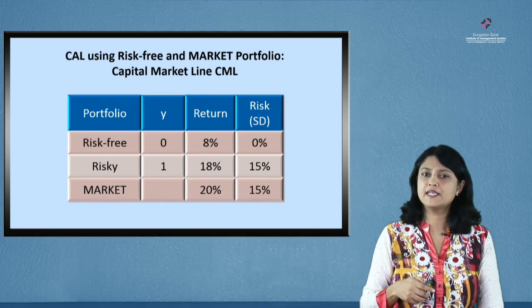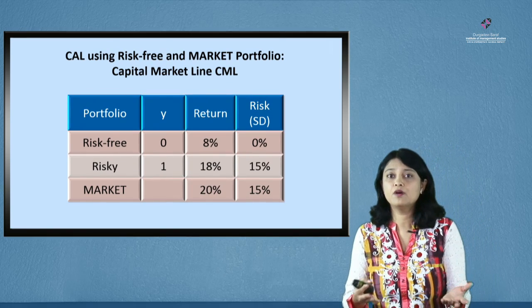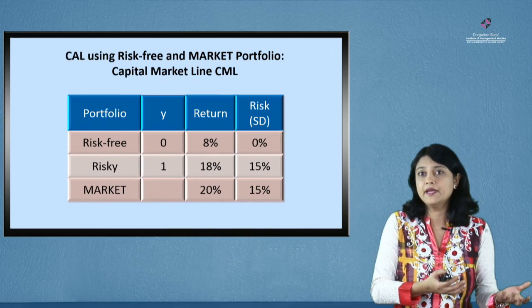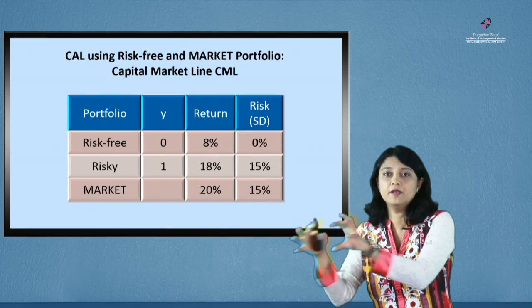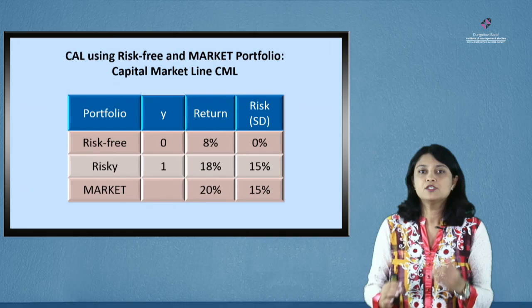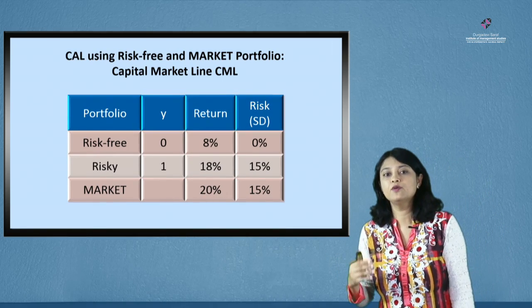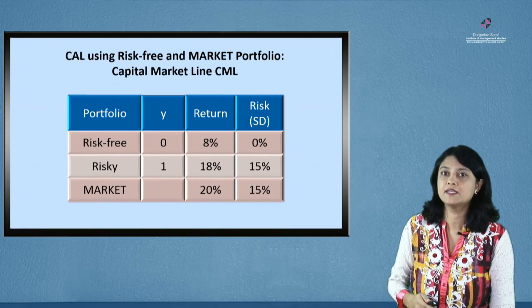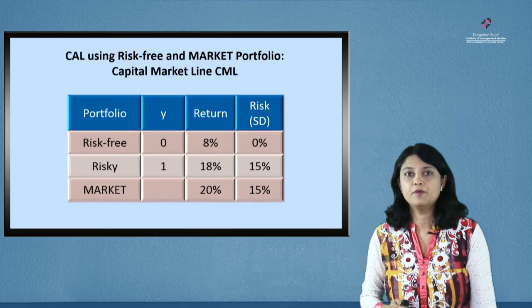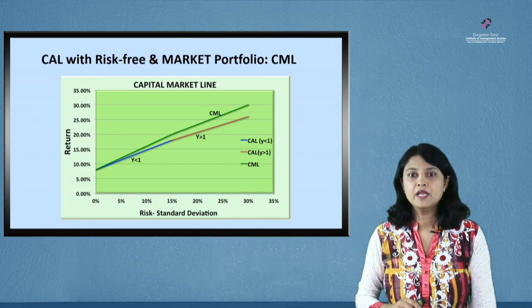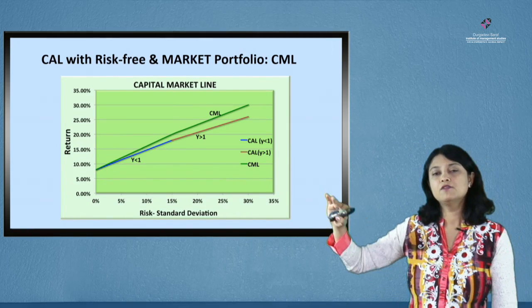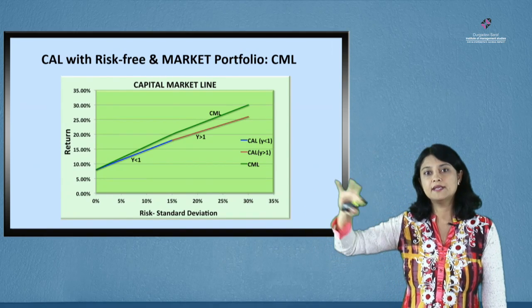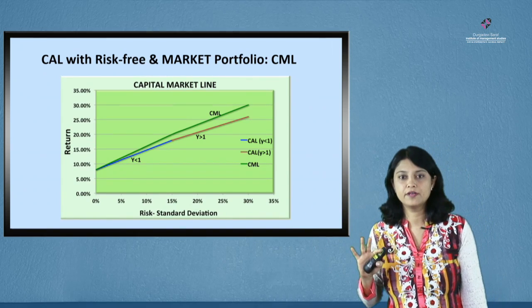I'll go for the same sort of calculations we have already learned, used to create a portfolio with this risky 18%, 15% portfolio. So instead of 18 and 15, if I use 20% and 15% for the market portfolio or some index portfolio, then if I plot that graph, I'll be getting this sort of graph.